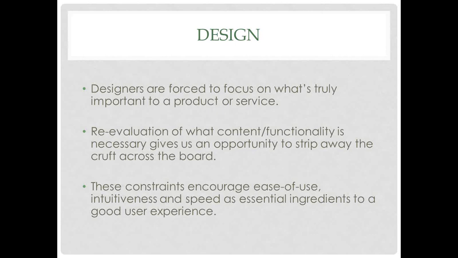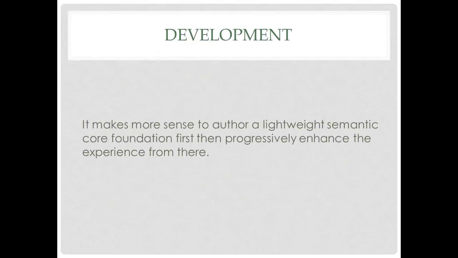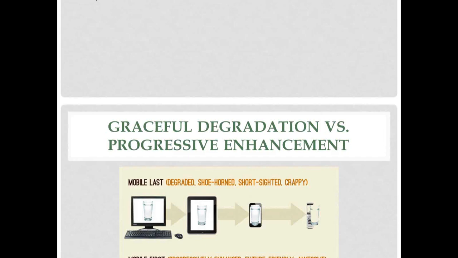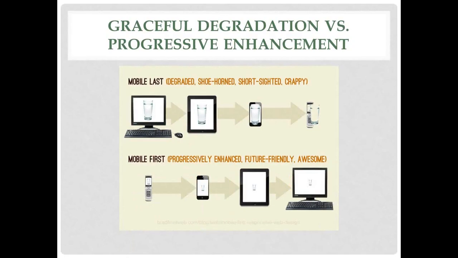So proceeding with development, it always makes sense to author a lightweight semantic code foundation first, and then progressively enhance the experience from there. So this is the key difference between mobile first approach and mobile last approach.